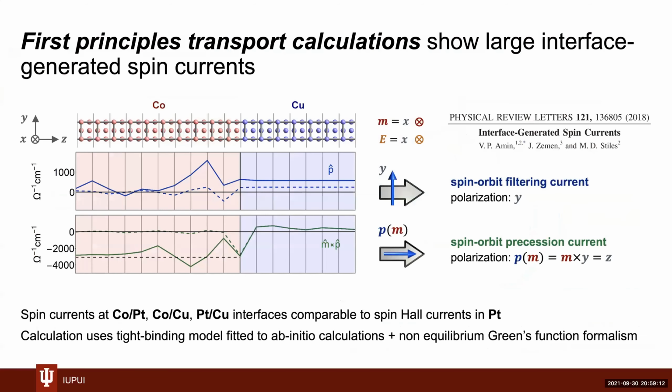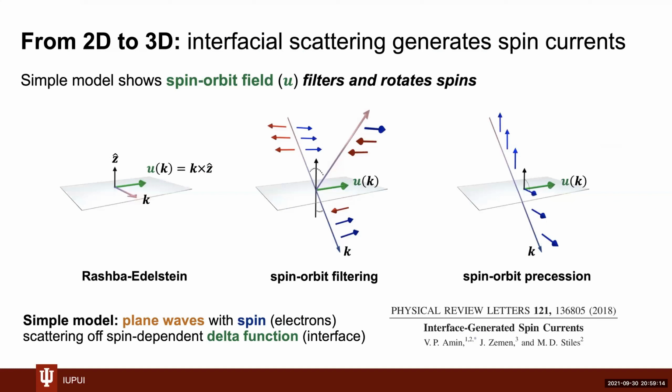Rashba-Edelstein? Yeah, so this spin-orbit filtering effect has a polarization in the Y direction. Again, assuming the electric field's along X and the interface normal is Z, then the Y direction is the direction of the spin Hall spins and the Rashba-Edelstein spin accumulation. So yes, it's in the same direction. So again, this is very difficult experimentally to separate from those other effects.